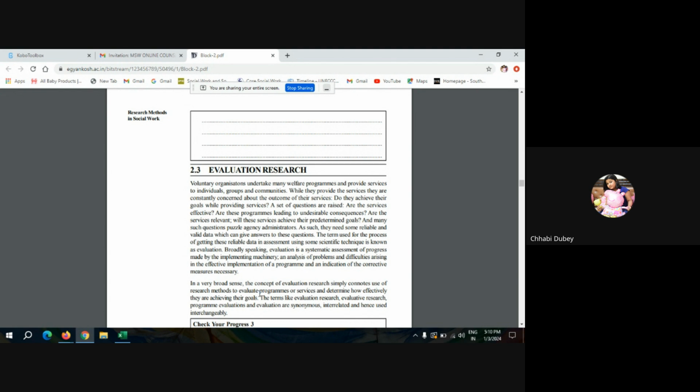While they provide the services, they are constantly concerned about the outcome of the services. If we are applying a particular program in a particular setting, we need to understand that the program is effective on the field, that it actually has some impact on the field.